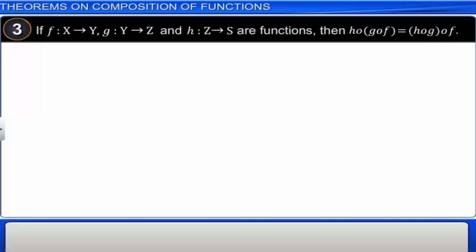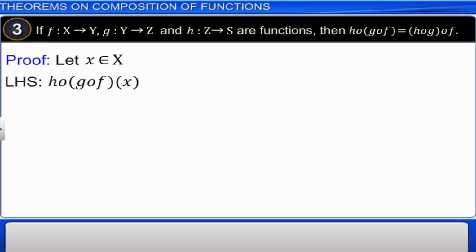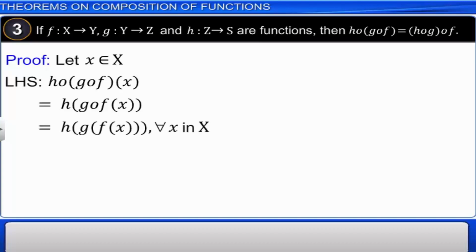Consider any arbitrary element x of set X. Let's begin with the left-hand side, which is the composition of the functions g circle f and h. This is equal to h of g circle f of x. This is further equal to h of g of f of x.